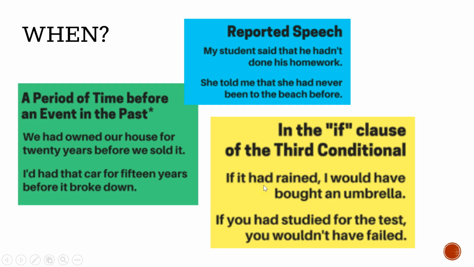In this situation, the past perfect tense is used in the if clause as a condition to you having to buy an umbrella. In the next example sentence, if you had studied for the test, you wouldn't have failed. Again, the past perfect is used in the if clause to indicate the condition for you not having failed.